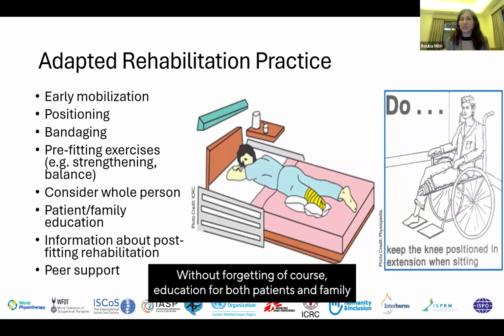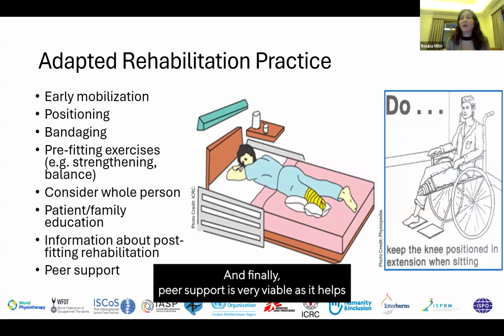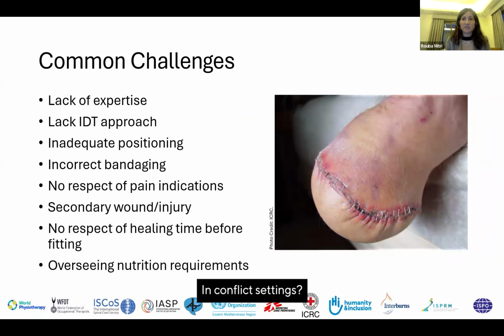Without forgetting, of course, education for both patients and family, and education on post-fitting rehabilitation. And finally, peer support is very valuable as it helps patients feel less isolated and more motivated during the recovery phase. What are the common challenges?